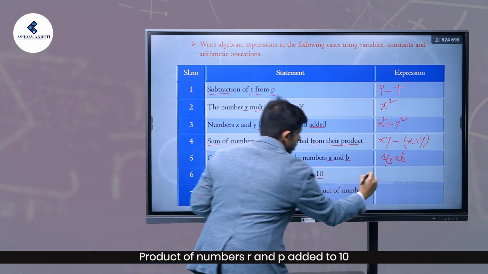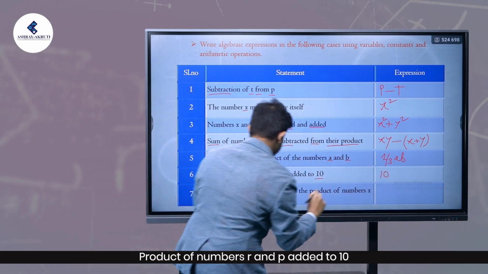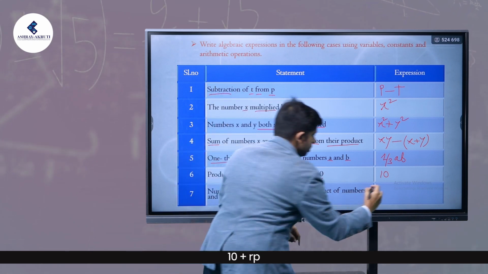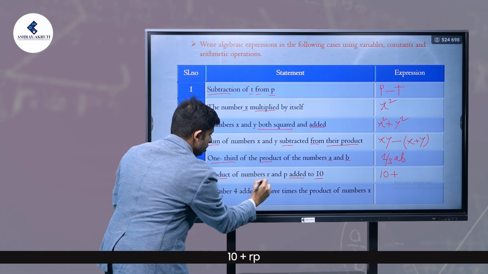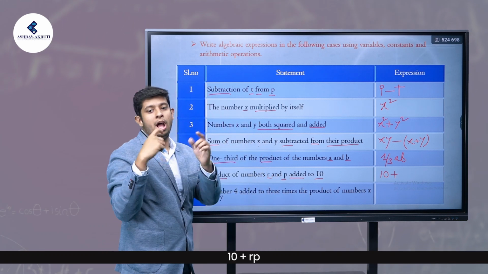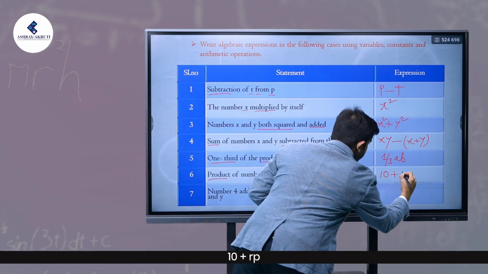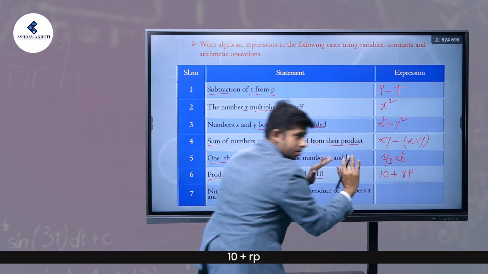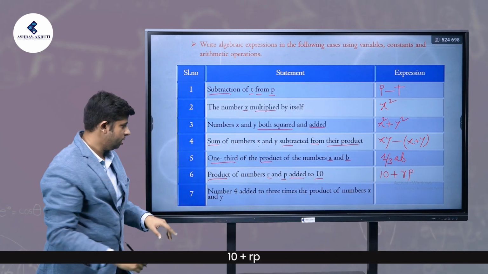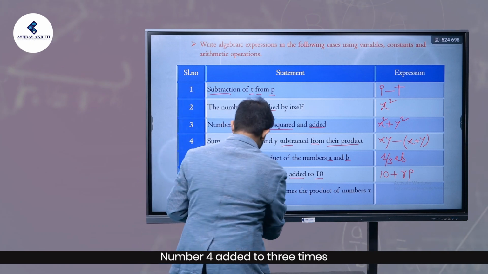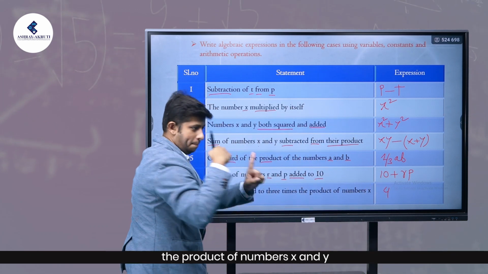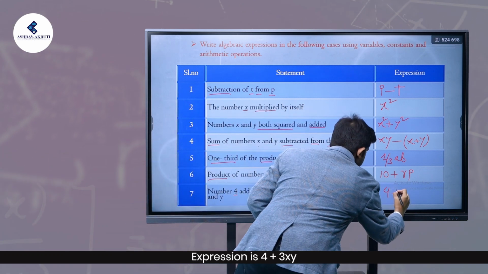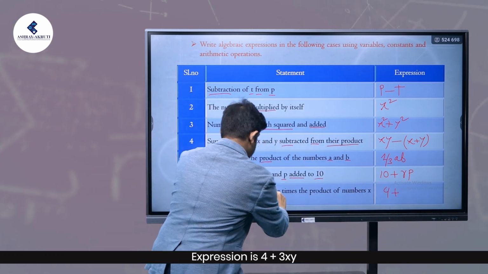Product of numbers r and p added to 10. 10 plus rp. Number 4 added to 3 times the product of numbers x and y. Expression is 4 plus 3xy.